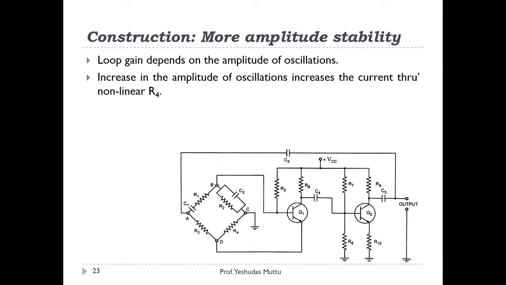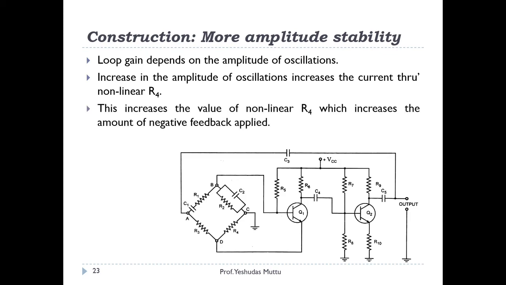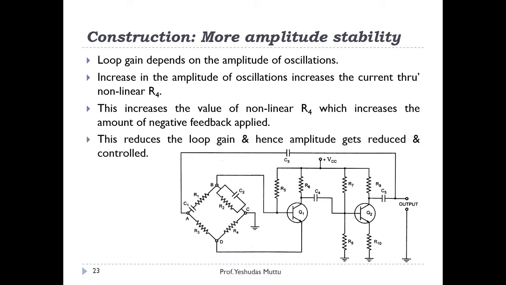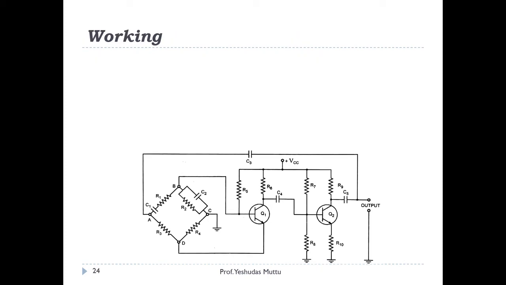And you know the property of negative feedback: the more the negative feedback, the more the reduction in gain, because negative feedback reduces the gain. If there is more reduction in the gain, definitely gain will be stable. It will be reduced and controlled now. In this way, this circuit provides gain stability.